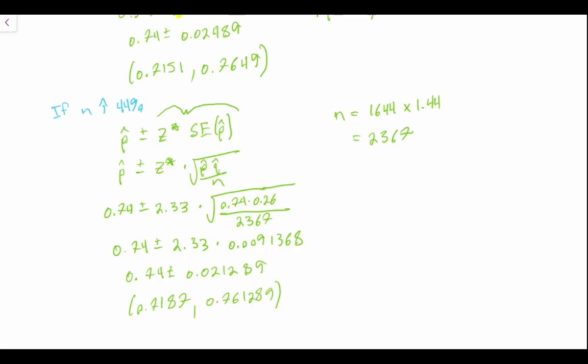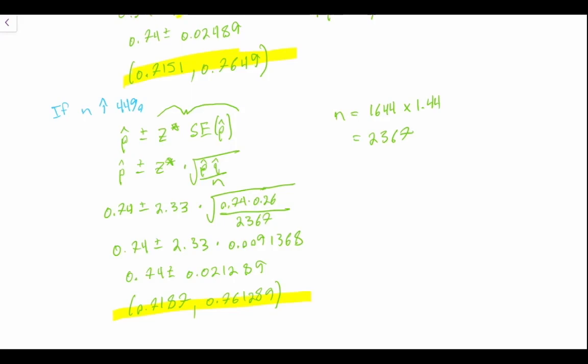So that is our new confidence interval when we increase our sample size by 44%. Now, what do you notice about the difference between these two confidence intervals? This one that we calculated with a sample size of 1,644 and this one that we calculated with a sample size of 2,367. Well, you'll notice that the numbers are relatively similar.